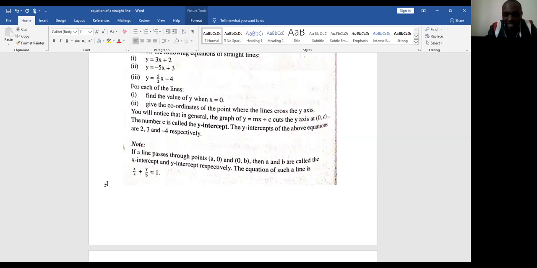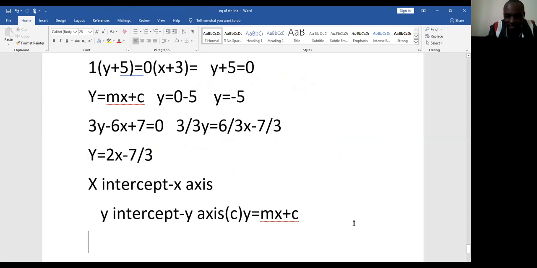Okay, so having said that, let's see this. Note, if a line passes through the points (A, 0) and (0, B), the value of A is something, and 0 is 0. So what we are saying here is this.